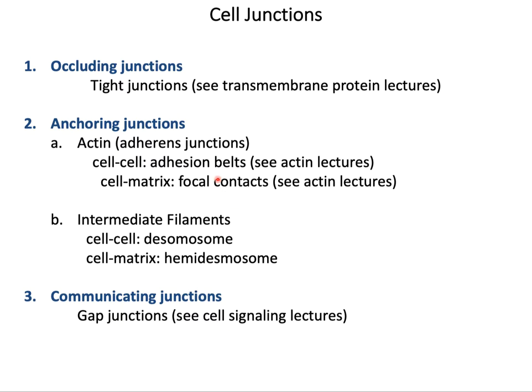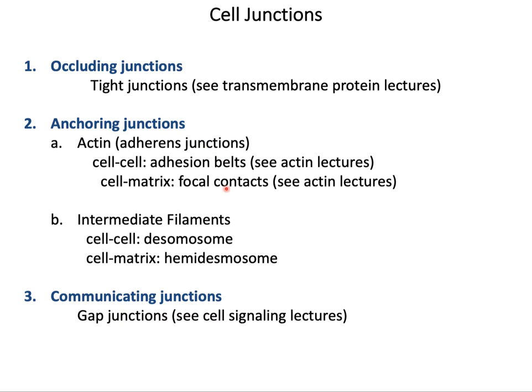And as the name suggests, the role of anchoring junctions is to provide structural integrity to the tissues. Anchoring junctions are used by cells to interact with other cells or with the matrix, or for cells to connect to other cells and to the matrix, and they do so by utilizing the components of their cytoskeleton.